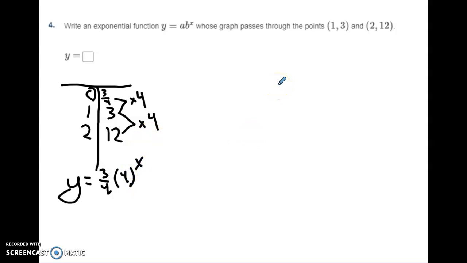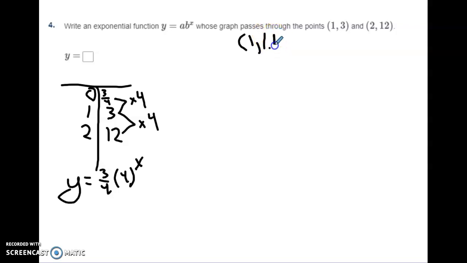Okay, now I'm going to show you the natural log of y way. How we do this is we're first going to change the points to x and then the natural log of y. So you grab a calculator, and the natural log of 3 is 1.0986.